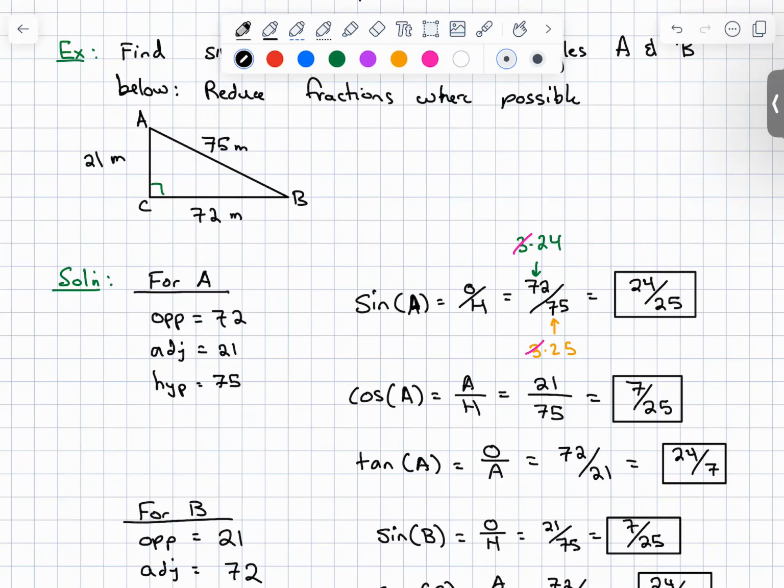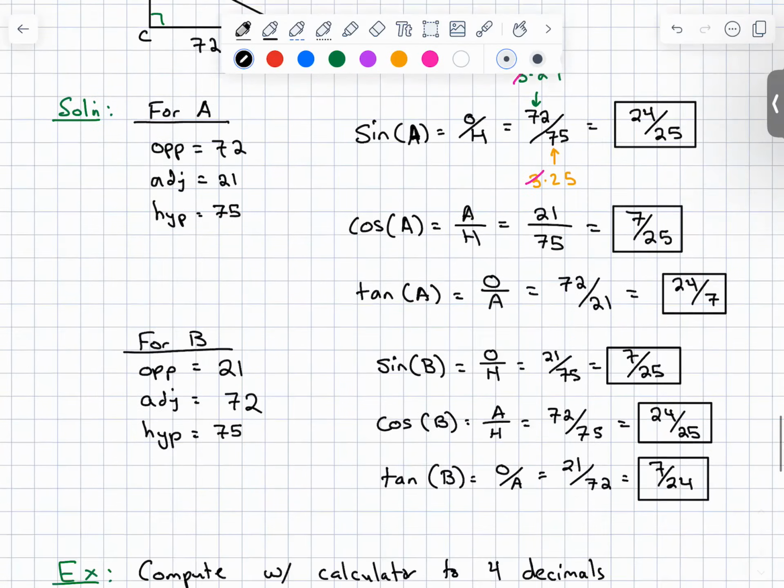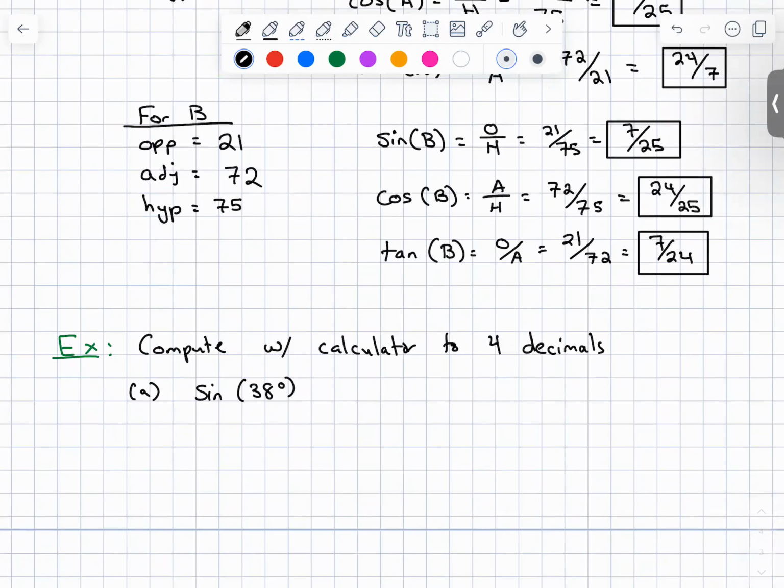They're related to each other, but completely different. So sine of 38 degrees and sine of 38 radians are completely different numbers. So shift mode, that'll get you to setup. Then there should be a thing that says degree or deg, and you want that.